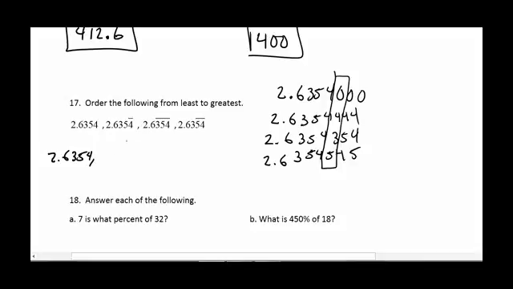That was the third number, so 2.6354 with the 354 repeating. Then I can see the 4 is the next. I got that from the second position, so 2.6354 with the line repeating. And then obviously the last number would be our largest number of the bunch.